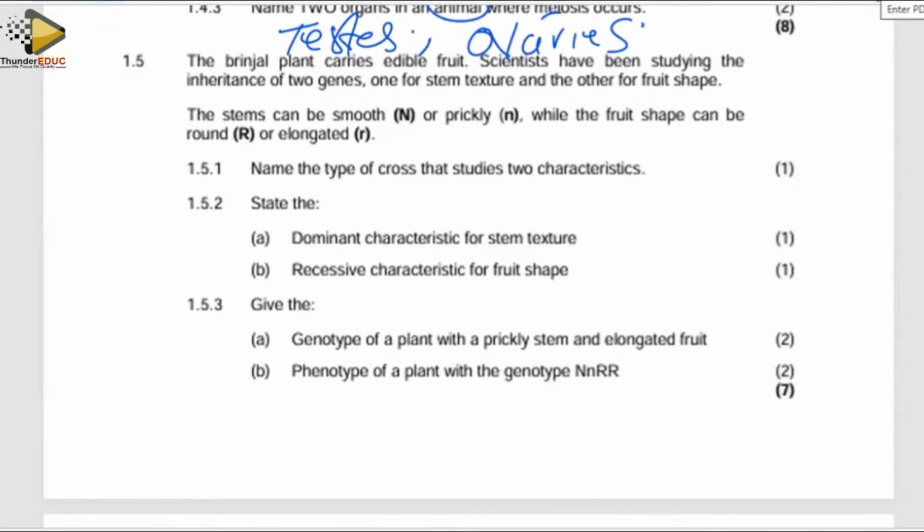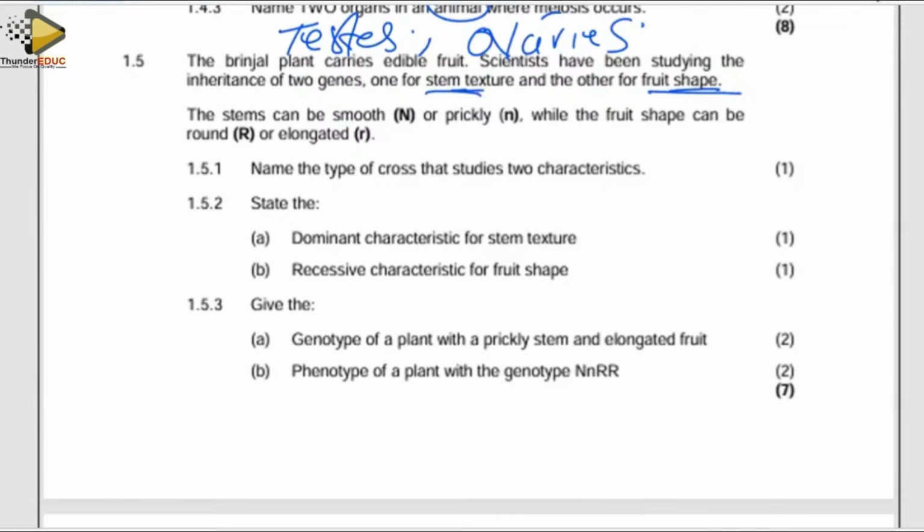In this plant, it carries edible fruit. Scientists have been studying the inheritance of 2 genes, one for stem texture and another for fruit shape. Because 2 characters are being considered, this is a dihybrid cross.